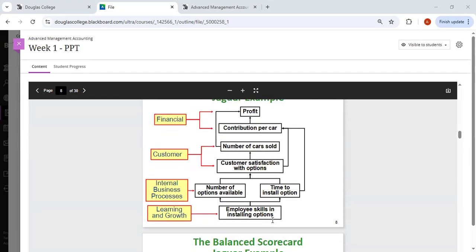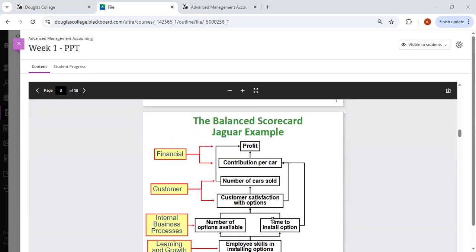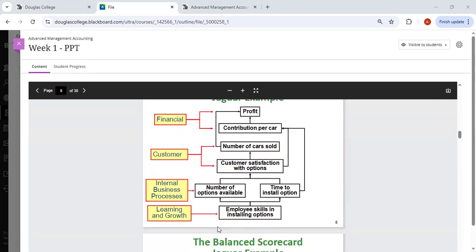So this will be a simple example of the balance scorecard, starting with learning and growth. Let's go from the bottom to the top. We're starting with learning and growth, and the learning and growth is increasing the employee skills in installing the options.